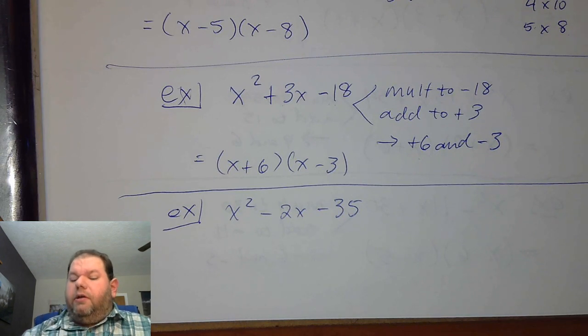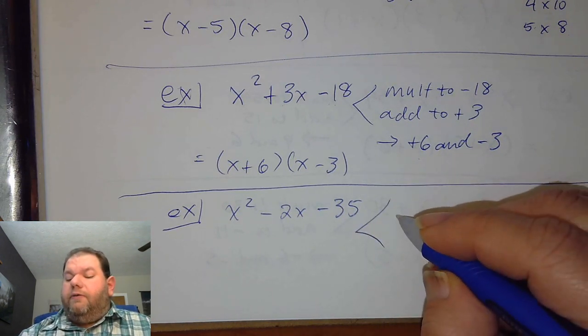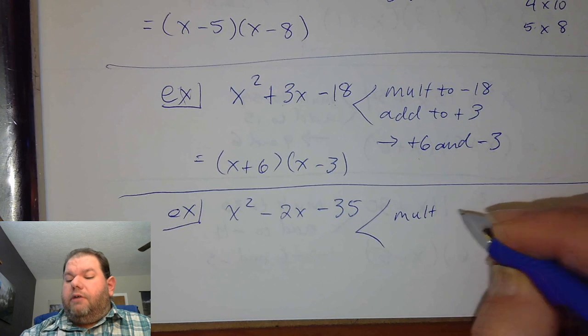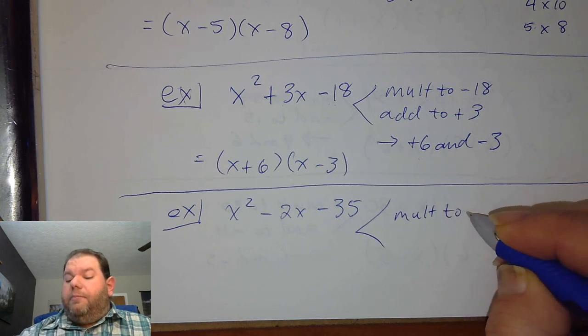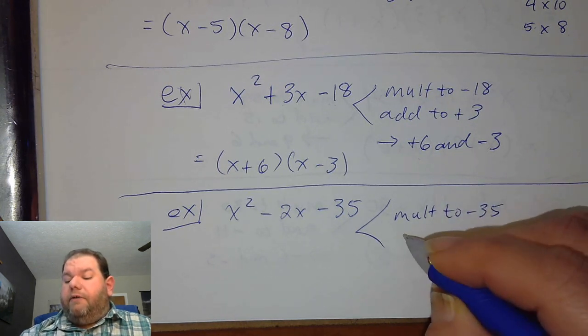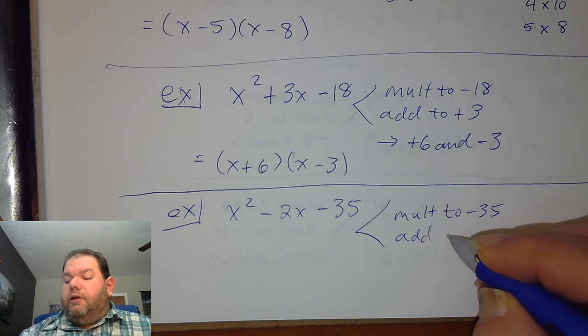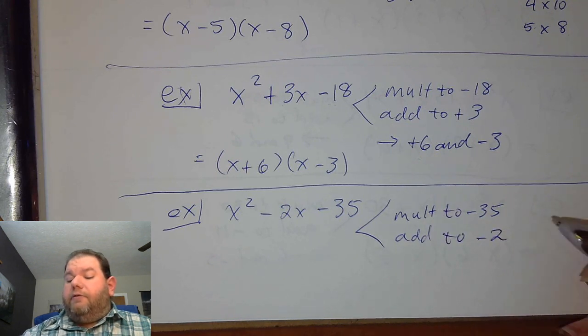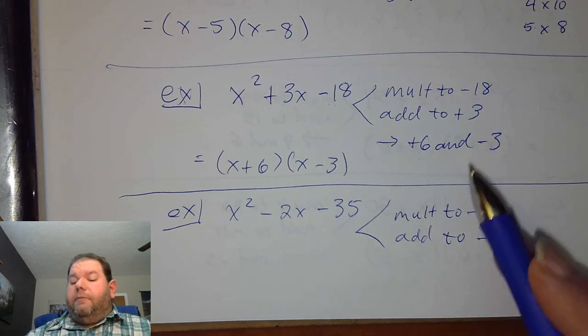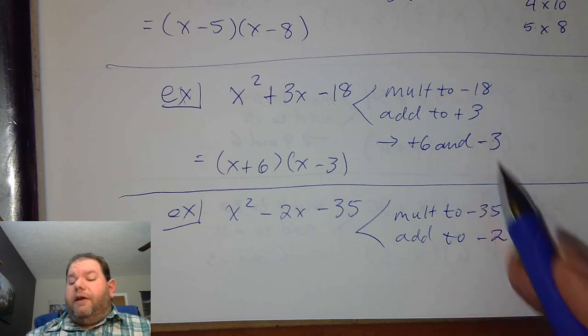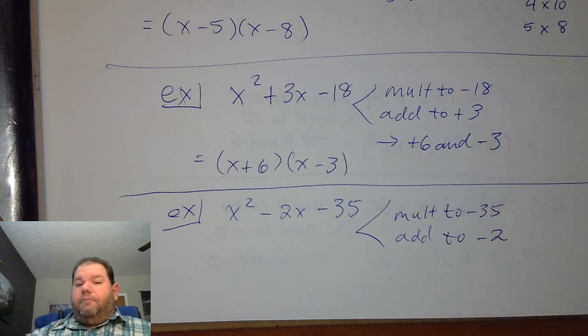Okay. This time we have two negatives, which is kind of in the same category. Multiply this to a negative 35 and add to a negative 2. It's really the same concept as we just looked at, except the numbers have to add up to a negative number instead of a positive.